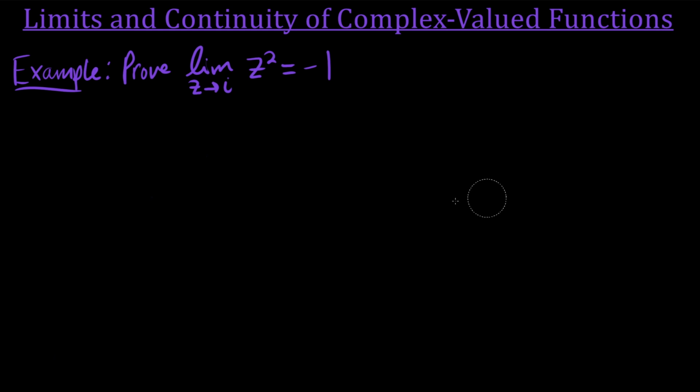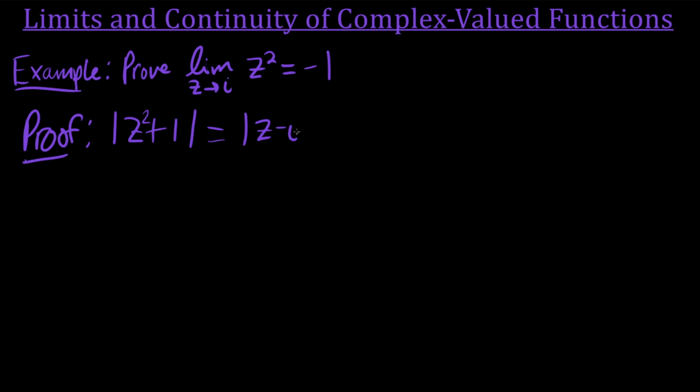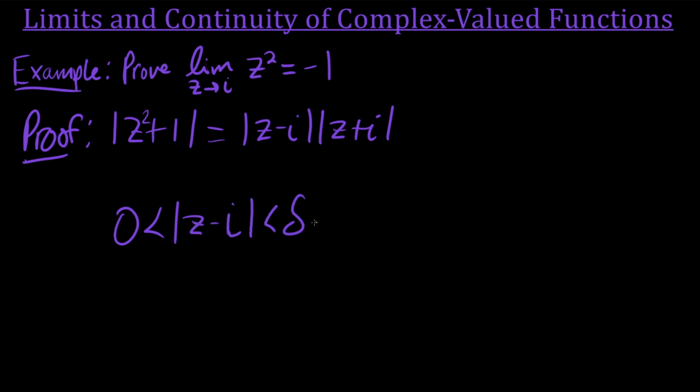So let's go ahead and start off our proof here. The first thing I want to do is factor the modulus of z squared plus 1, which is equal to the modulus of z minus i times the modulus of z plus i. Recall that we want to show that the modulus of z minus i being between 0 and delta implies that the modulus of z squared plus 1 is less than epsilon.